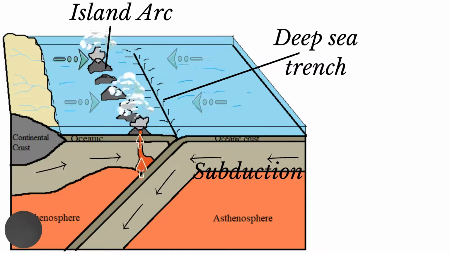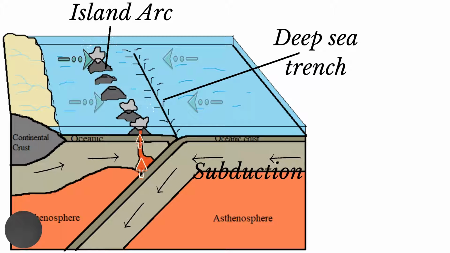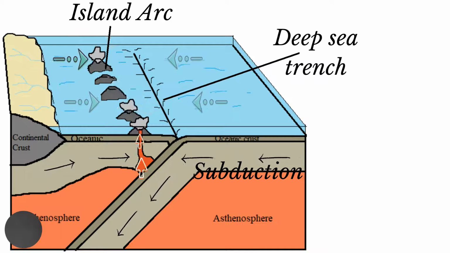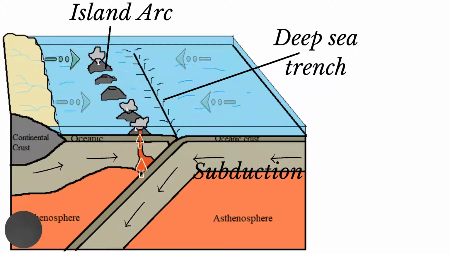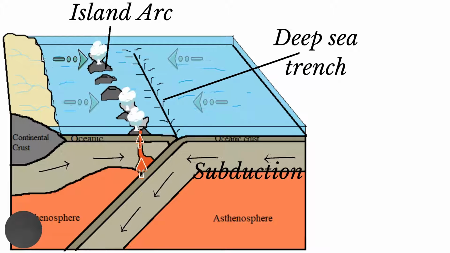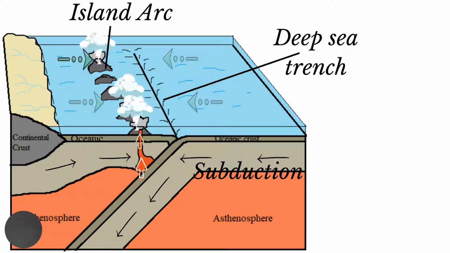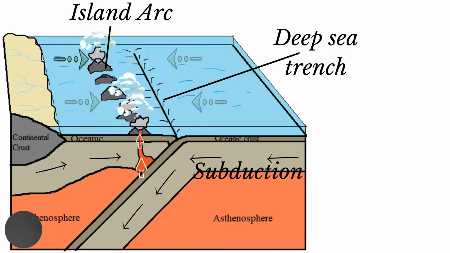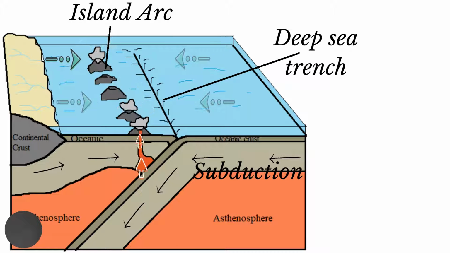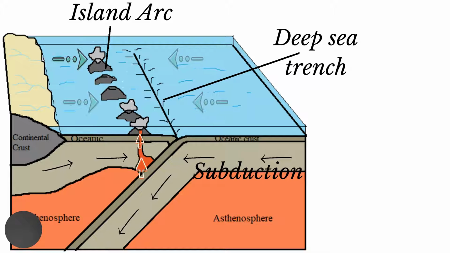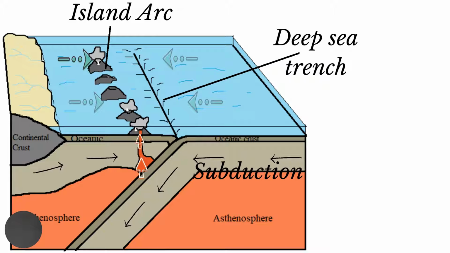Now, a third situation may exist where two oceanic crusts meet. Remember that oceanic crust is heavy enough to sink into the mantle. But when two oceanic crusts meet, both plates will not sink into the mantle.